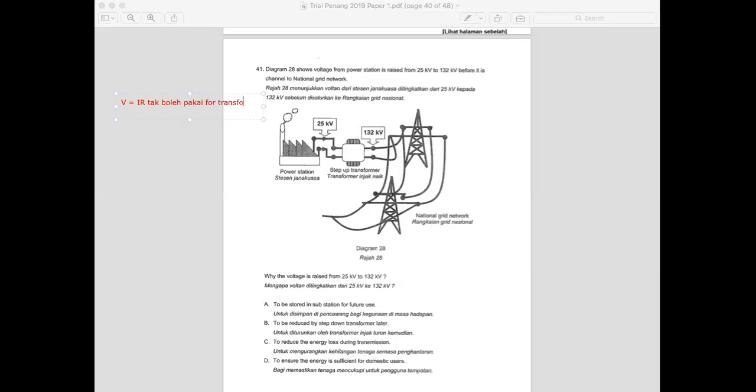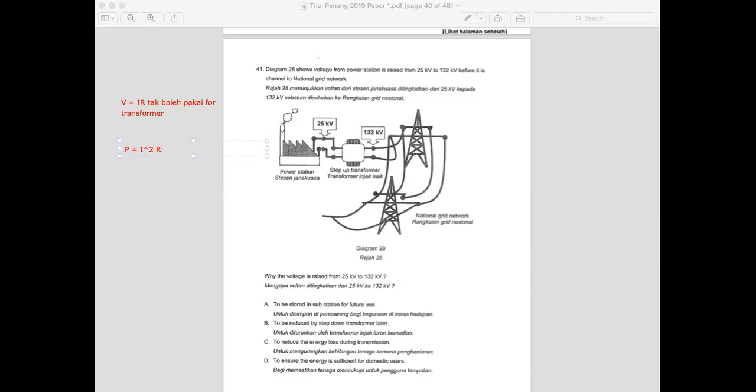So input power and output power are the same, because for an ideal transformer they have to be the same. But when VS is high, IS along the transmission is smaller. So when IS is smaller, the power loss I squared R, which is IS squared times the resistance of the cable, is smaller.